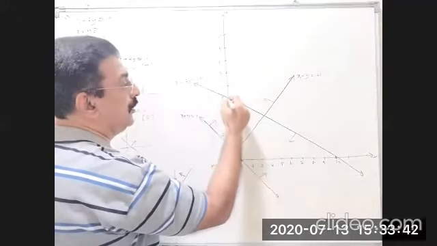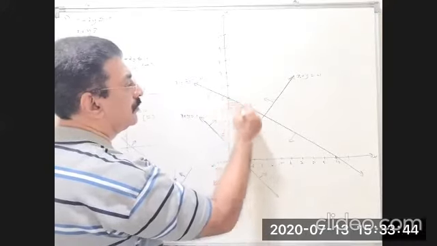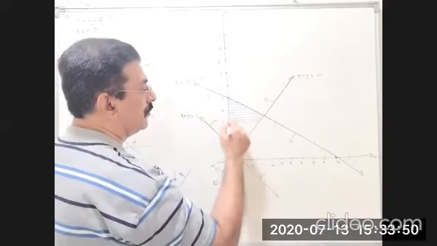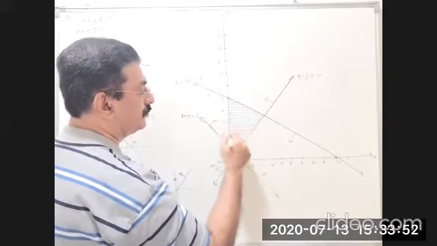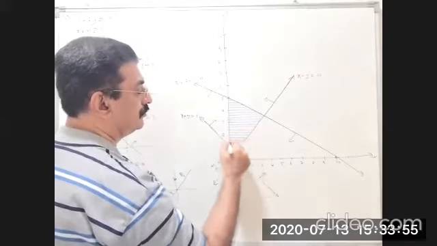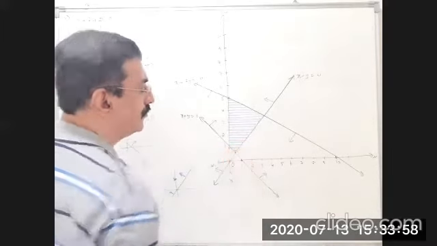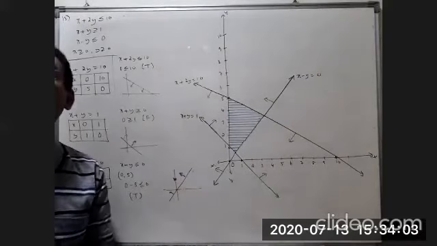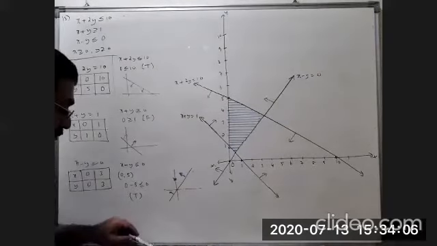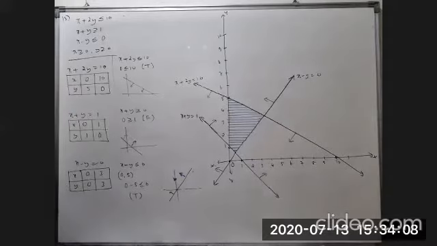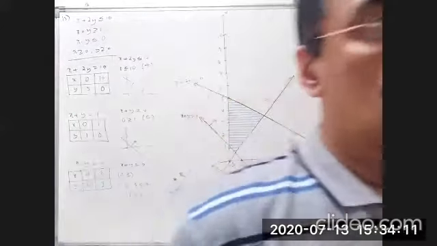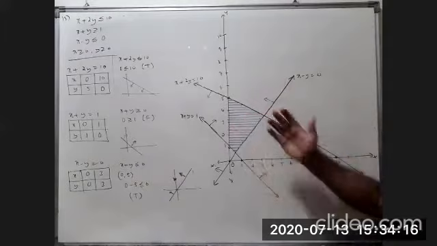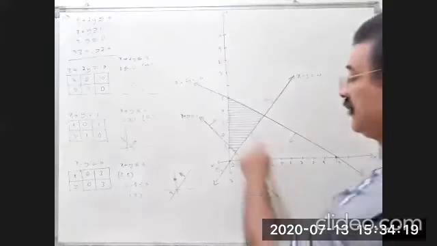So it will be this area. Below this, above this, and reflect in quadrant 1.